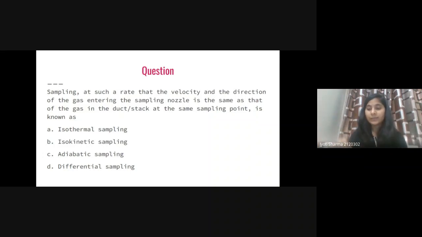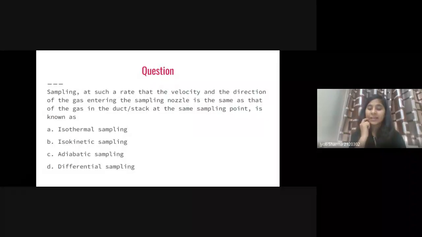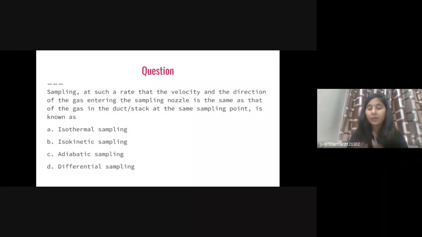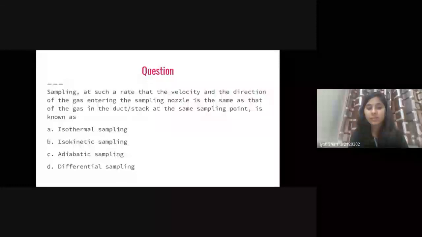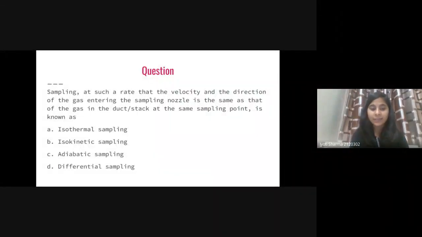So velocity is the important parameter in this isokinetic sampling, and the velocity within the chimney should be equal to that at our sampling nozzle, so that the sampling we are doing can match the true representative stack gas. That's why we use such a technique, and that is known as isokinetic sampling. So B is the right answer.